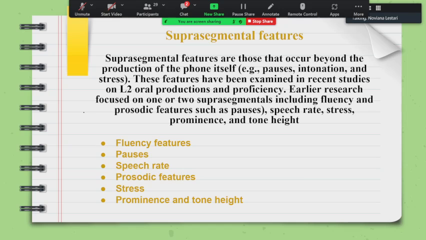Next, we have pauses. A pause is usually defined as the silent or filled time between two runs. Two types of pauses are of interest to second language pronunciation, filled and silent pauses. Filled pauses have been described by some as having a specific function.